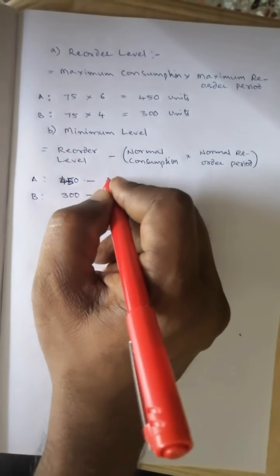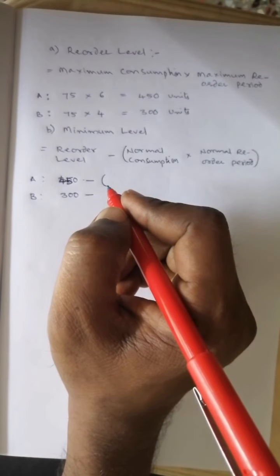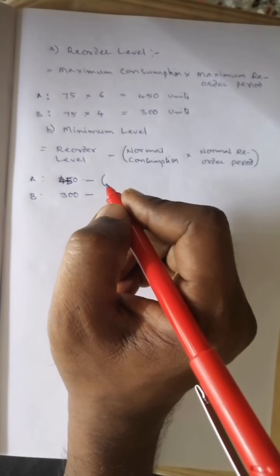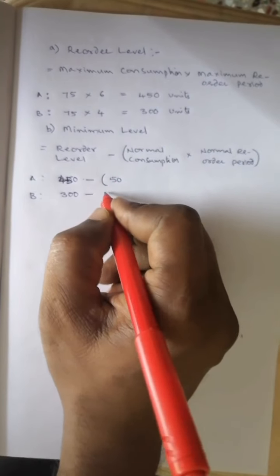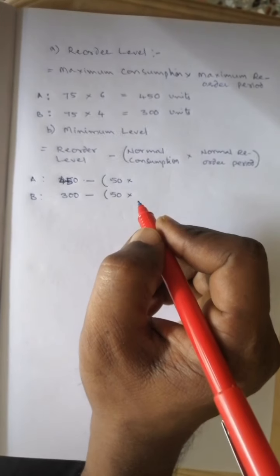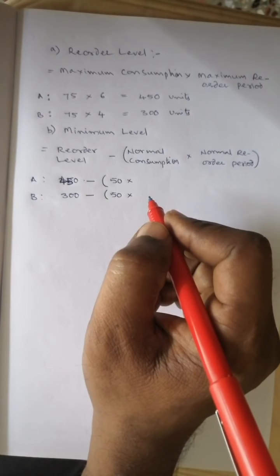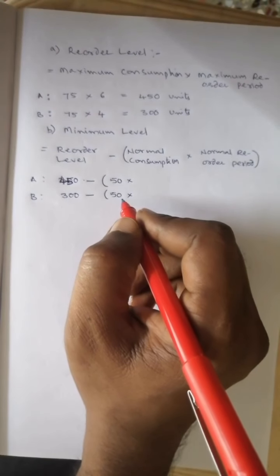Minus normal consumption. Normal consumption is given for component A and component B, that is, to each component the same normal consumption is given, 50 and 50.